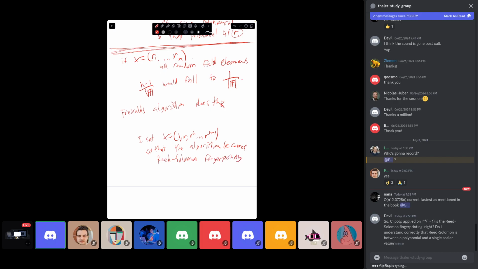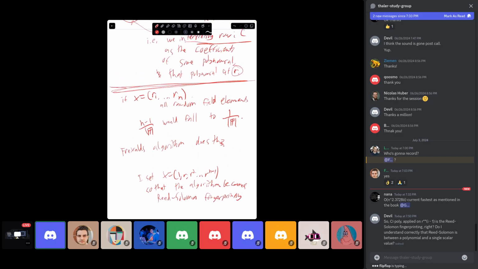And in particular, you don't need the notion of multivariate polynomials to prove this statement about what the failure probability is when X is fully random.